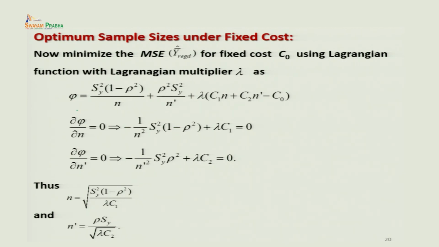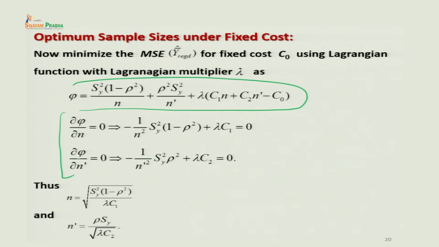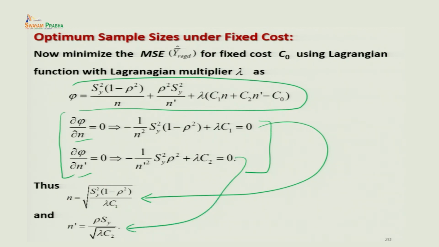I write down this function over here like this, then I differentiate it with respect to n prime, put it equal to 0, get these two equations, exactly the same methodology which I have just repeated, right, and then solve these equations. This will give you n equal to square root of Sy square 1 minus rho square upon lambda C1, and from here you can get n prime equal to rho Sy divided by square root of lambda times C2.